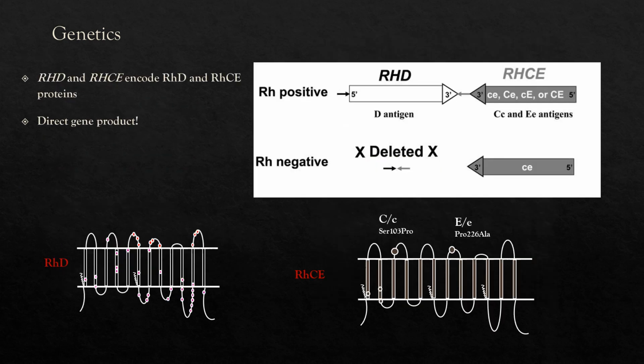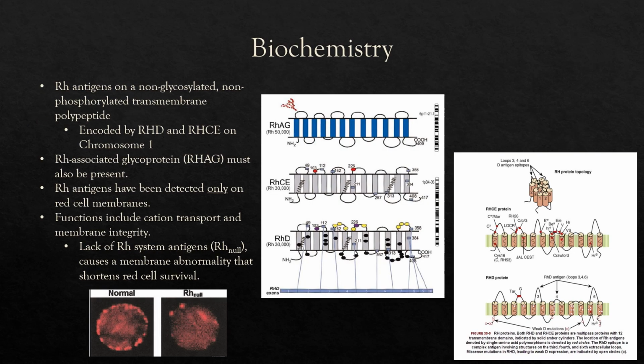The RHD and RHCE encode the RHD and RHCE proteins. They are direct gene products. The Rh antigens are carried on 3 non-glycosylated transmembrane proteins that are encoded by only 2 genes, RHD and RHCE.